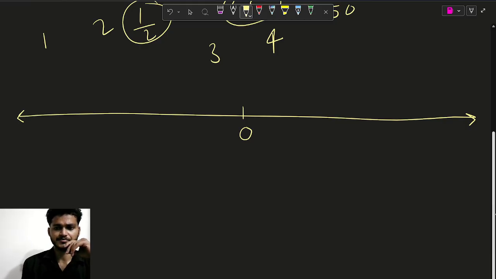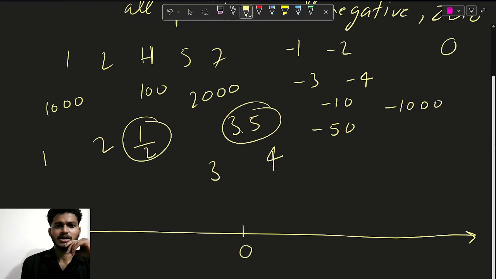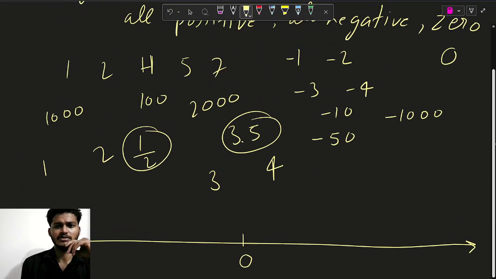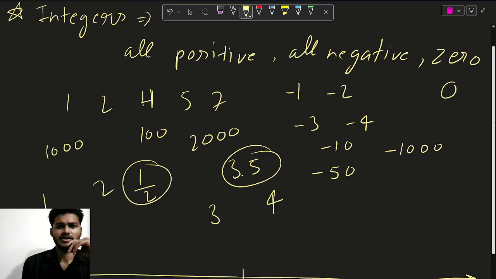Now one more thing. Whenever I am talking about negative integers, there is a sign along with the number. So whenever I'm writing a negative integer, there is a sign. But when I'm writing positive integers, there is no sign.